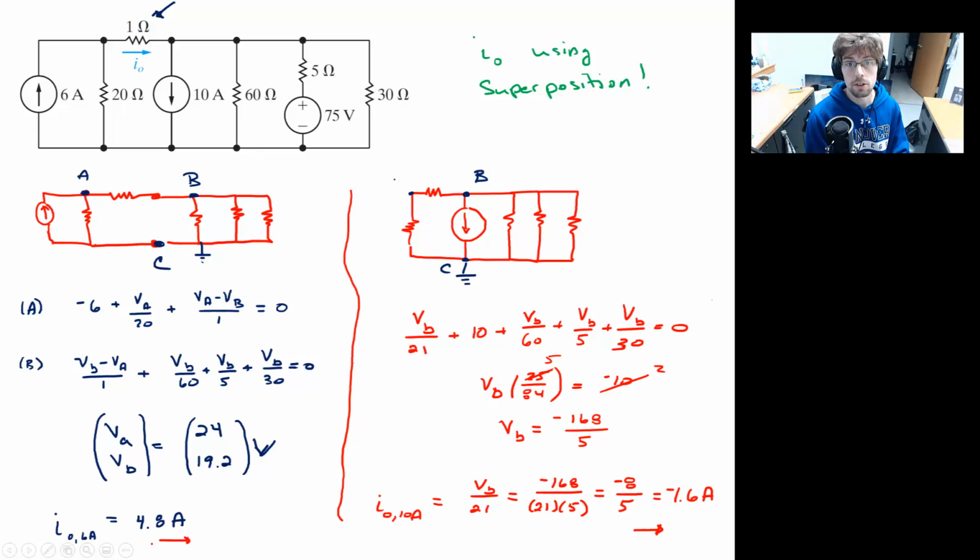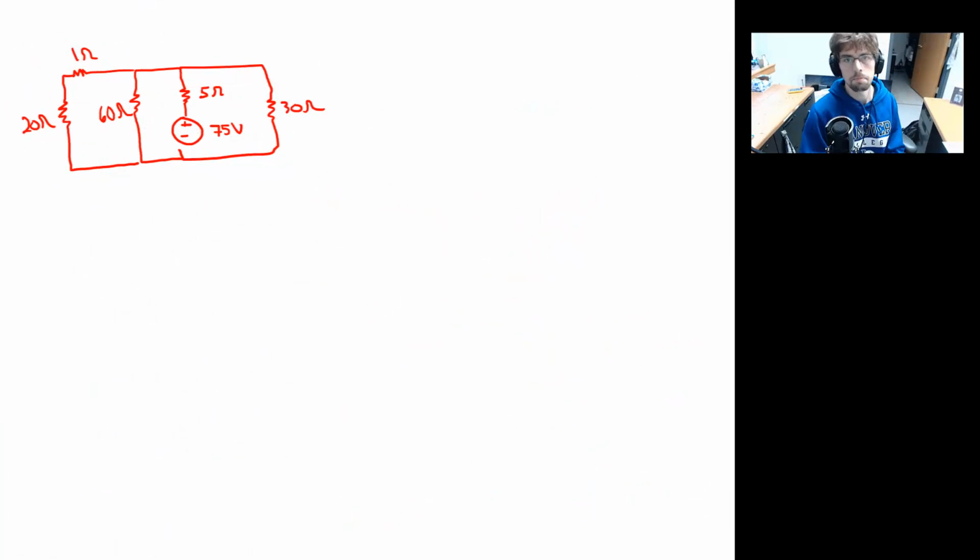Well, let's go ahead and jump to a new page and get the third answer. There we go. And so we have, again, a deactivated 10 amp supply. We have a deactivated 6 amp supply. And so we have this circuit awaiting for us.